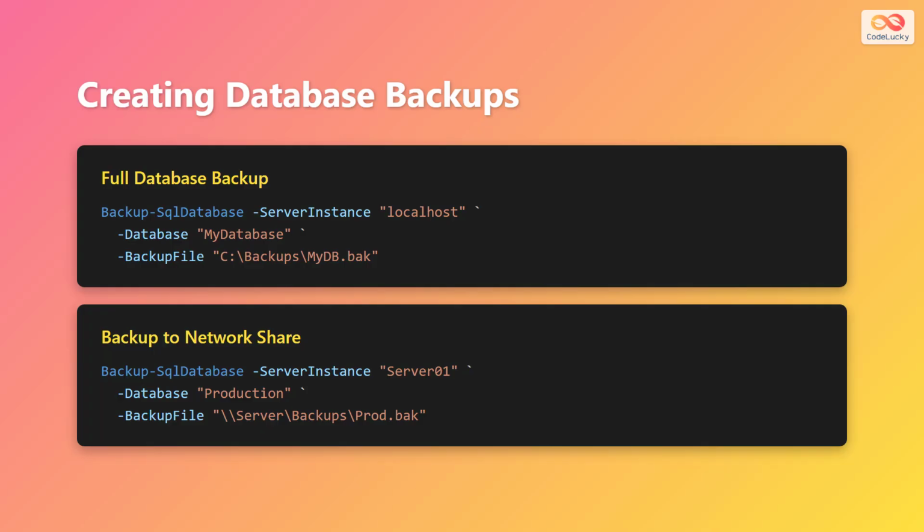For example, Backup-SqlDatabase -ServerInstance localhost -Database mydatabase -BackupFile c:\backups\mydb.bak. You can also backup to network shares by providing a UNC path like \\server\backups\prod.bak. This allows centralized backup storage across your network.